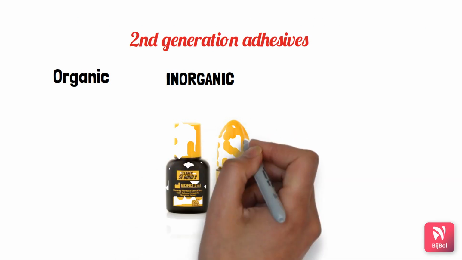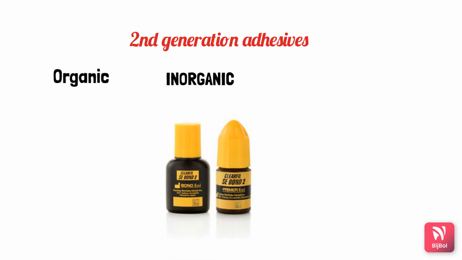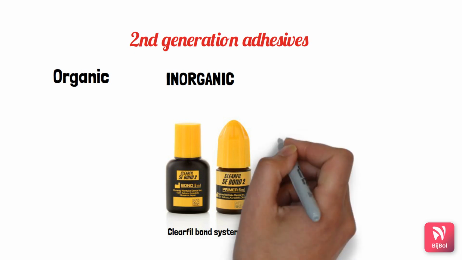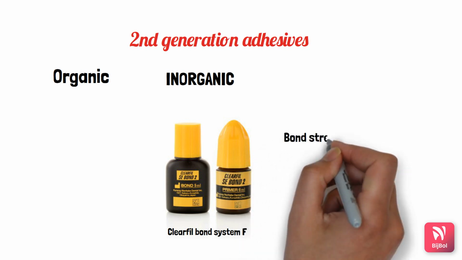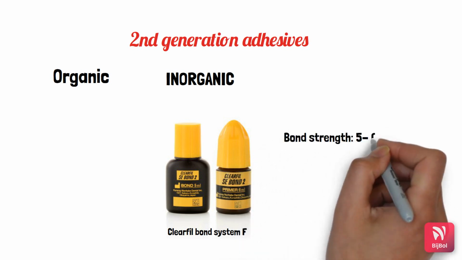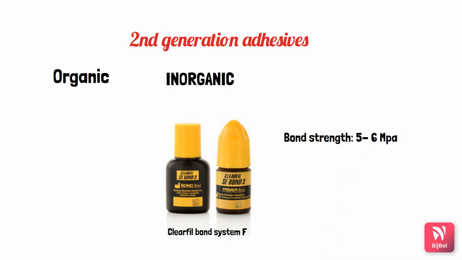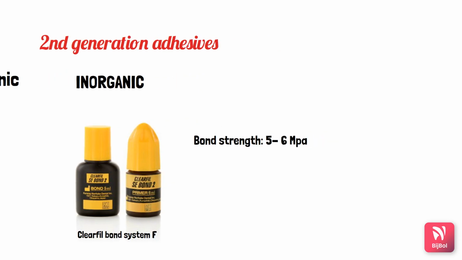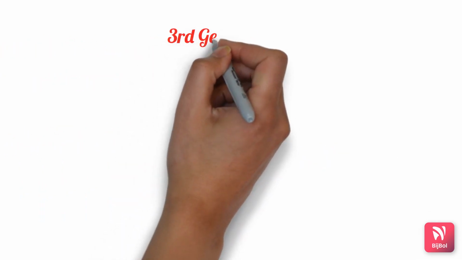The commercial products are Clearfil Bond System F, Bondlite and Scotchbond. The clinical application did not succeed due to the lack of hydrolytic stability, and they primarily bonded to the smear layer and not to the underlying dentin. They had a limited bond strength of 5 to 6 megapascals.